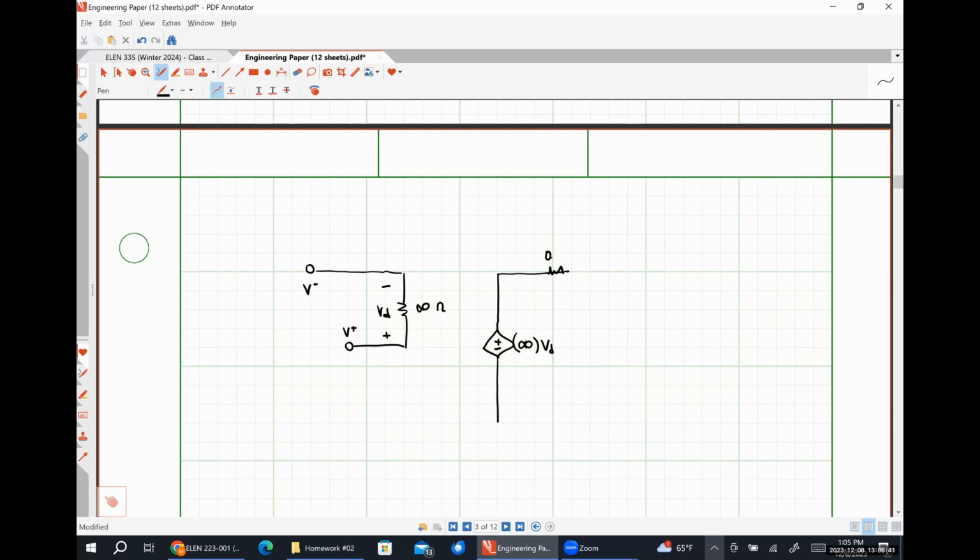Over here, I have 0 ohms for my output resistance. Here's ground. This is shorted.